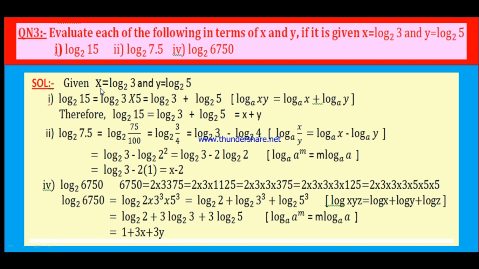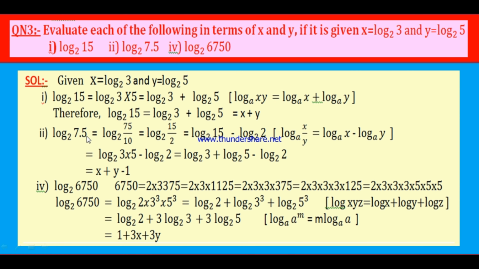Log 3 to the base 2 is x. And what is log 5 to the base 2? Log 5 to the base 2 is y. Therefore, let us substitute the values of x and y in the place of log 3 to the base 2 and log 5 to the base 2. If you substitute, then log 15 to the base 2 is log 3 to the base 2 plus log 5 to the base 2, which is equal to x plus y.